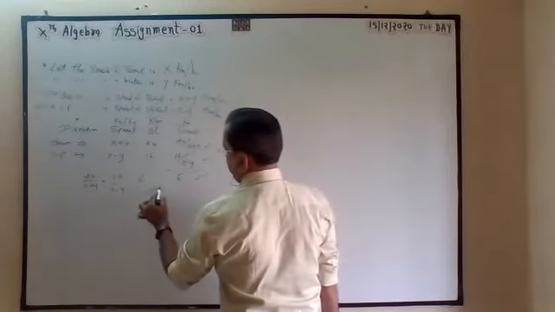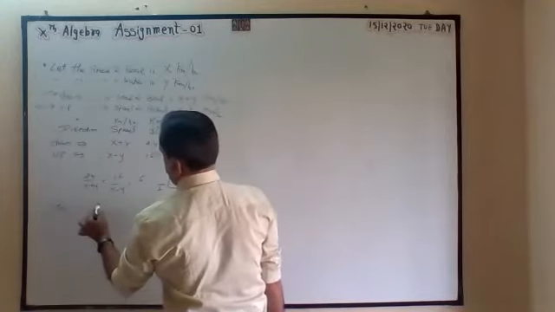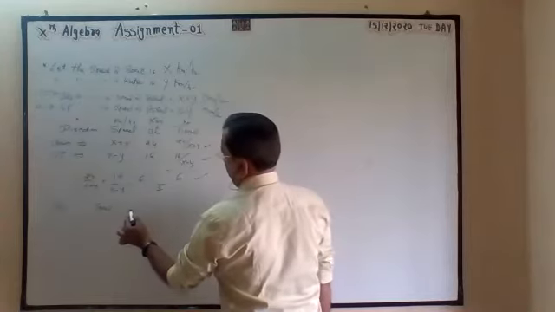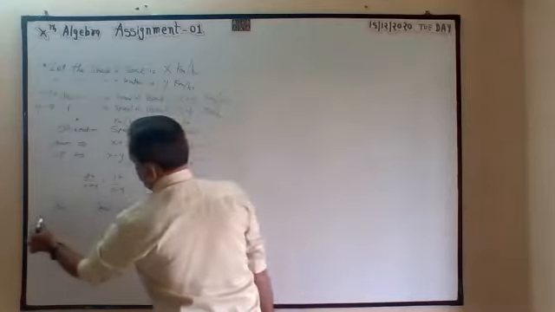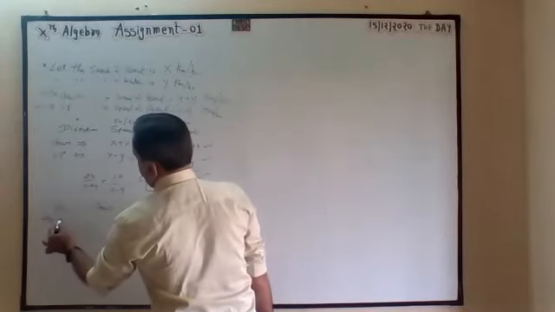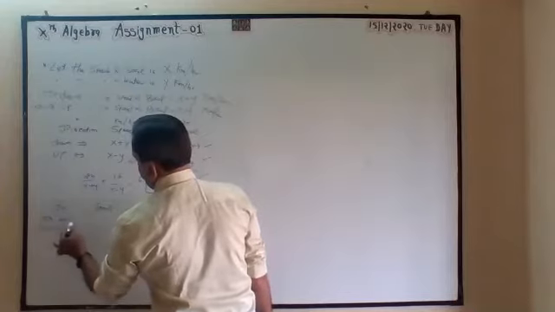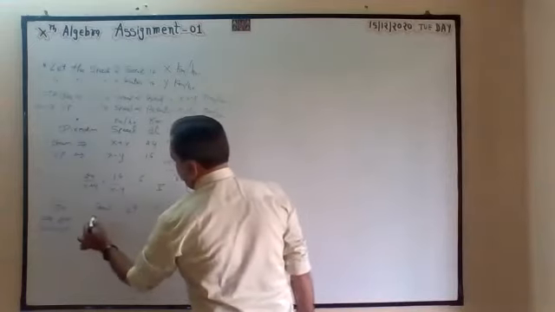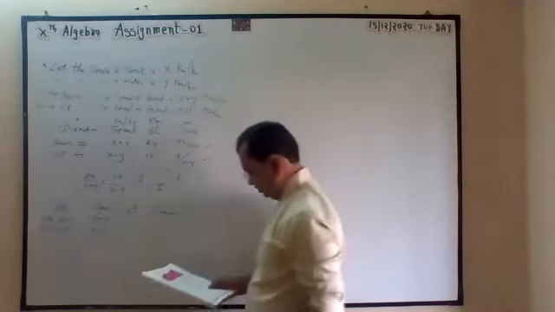Exactly, second: direction, speed, distance, time. Same direction means downward direction. Opposite direction means upward direction. At that time speed also will be the same. This is round 2.